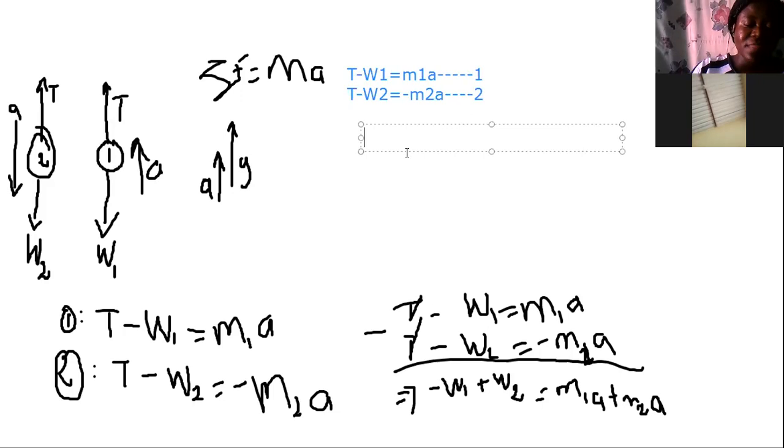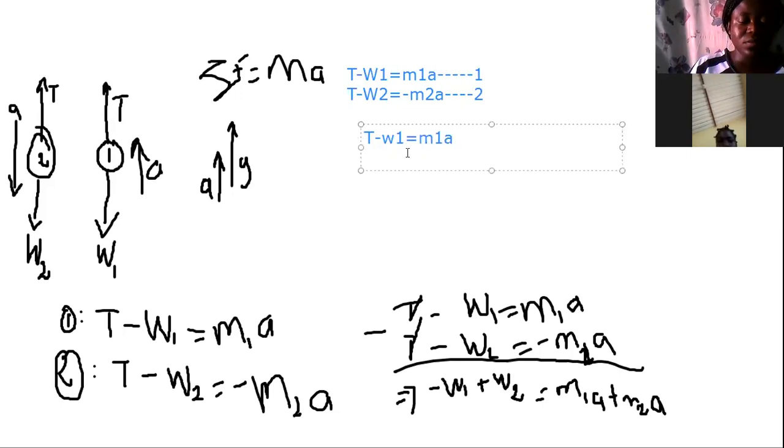With the elimination method, you take your two equations: tension minus W1, the weight of 1, equals the mass of 1 times the acceleration, and tension minus the weight of 2 equals minus the mass of 2 times the acceleration.